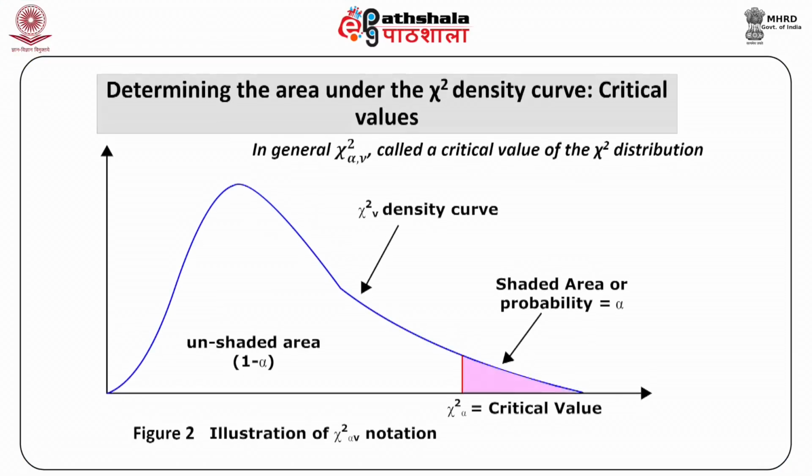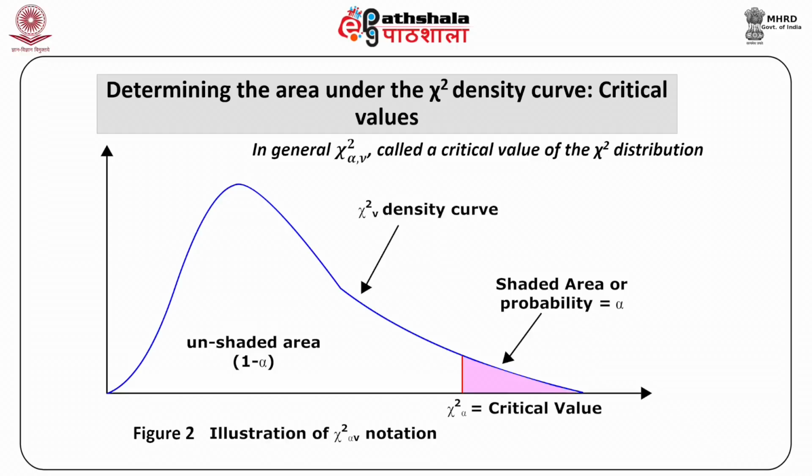Now this also meant that area to the left of 18.307 is 95%, which can be written as that probability chi-square 10 less than or equal to 18.307 is equal to 1 minus 0.05 is equal to 0.95.